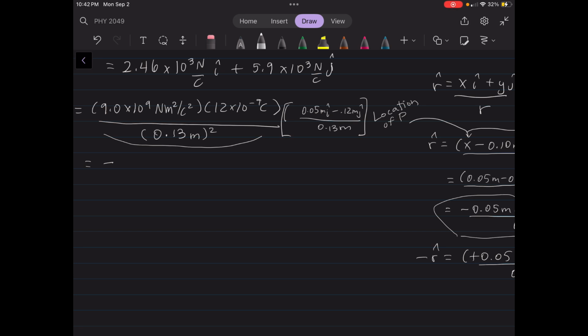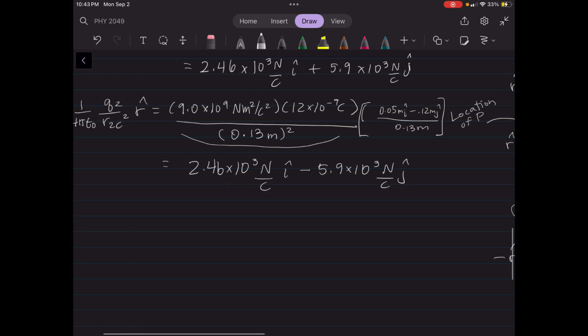So now our X component is going to be positive 2.46, and then our Y will be negative 5.9. Okay, so here is our electric field due to Q2 at point C.